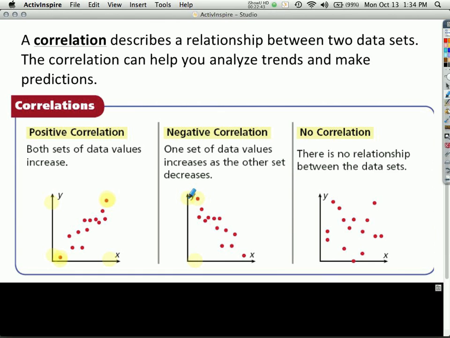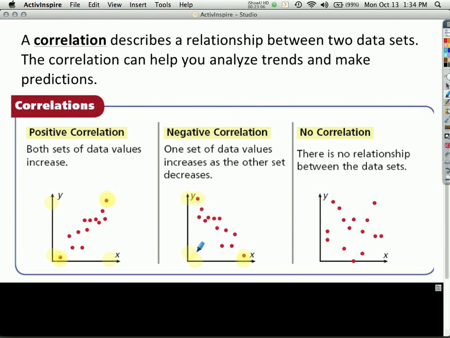So small x, high y. Now look at this data point all the way over here. The x value is now very high, but the y value is very low. And so that is called a negative correlation. As the x's get bigger and bigger, the y is going down.